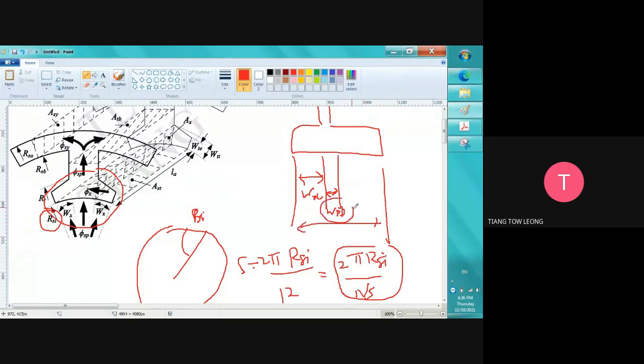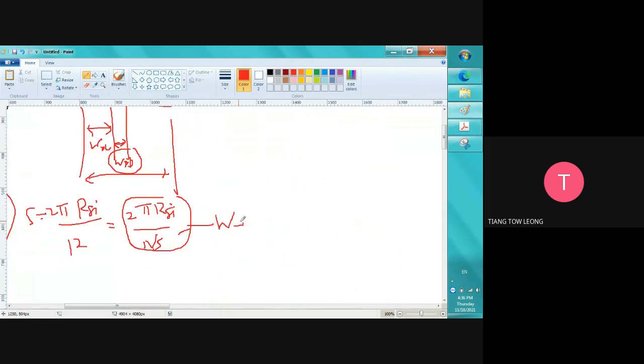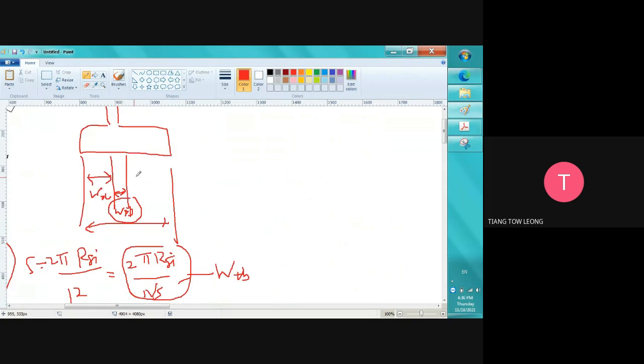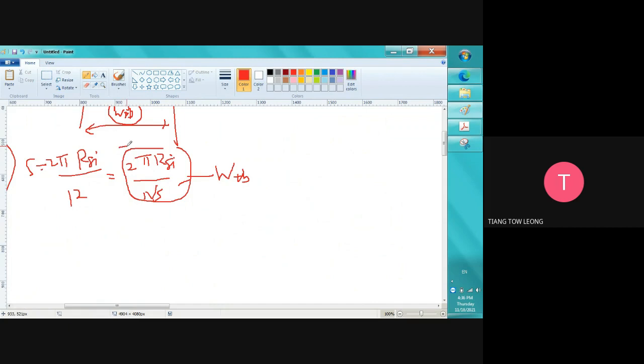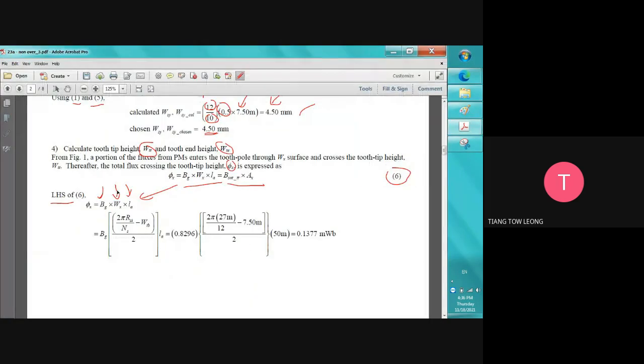And then we minus WTB, that we already calculated. And then we divide by 2. Then we will find our WX. So that's 2 pi RSI divided by number of slots minus WTB, and then divide by 2. So this is our WX. Then substitute all the values, we find this is the flux X.